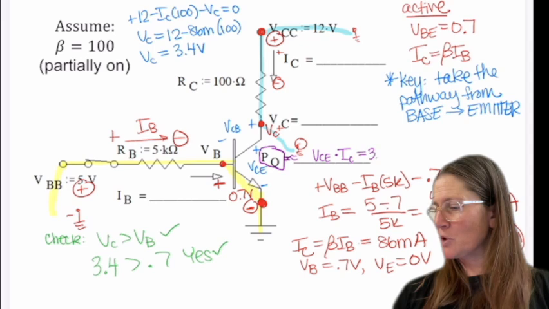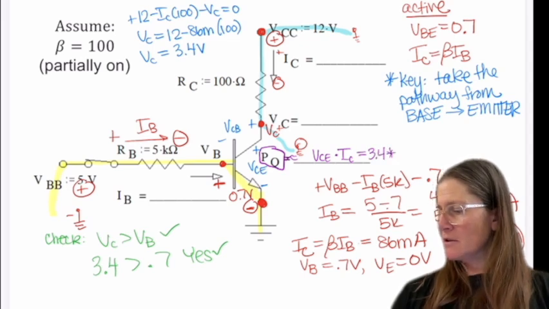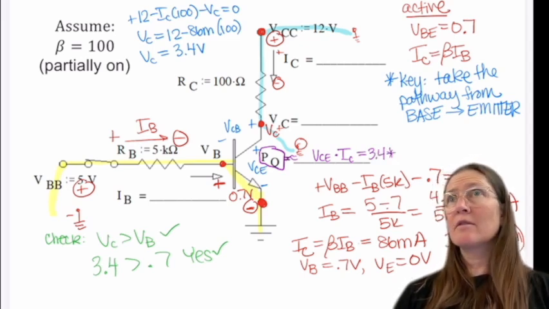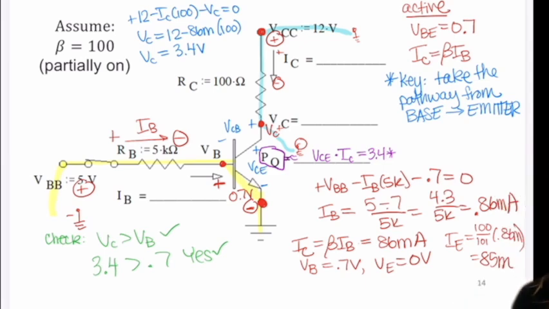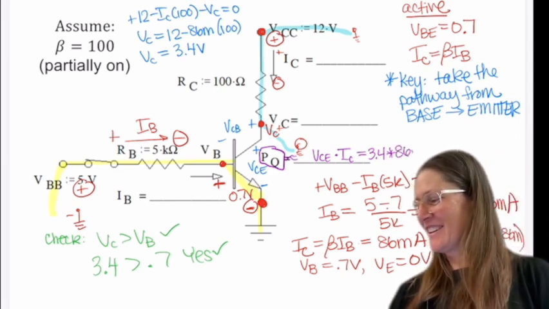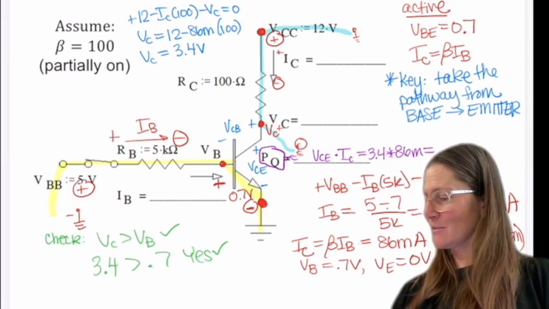Correct. 3.4. And then IC. Thank you, 86 milli. And so multiplying that out gives me 292.4 milliwatts.